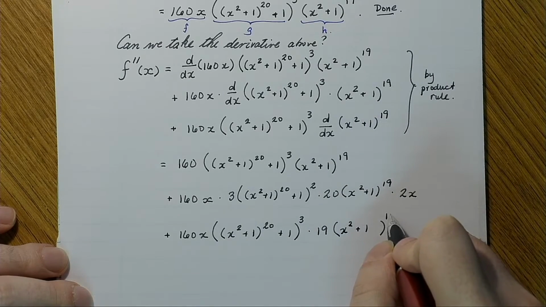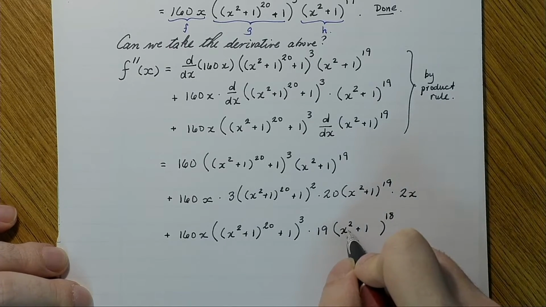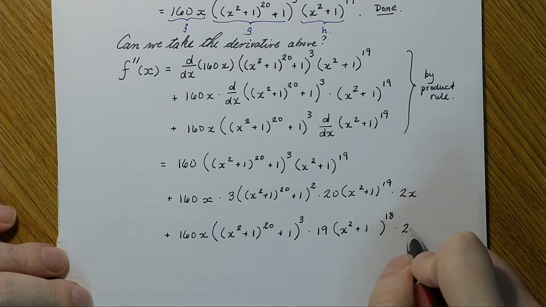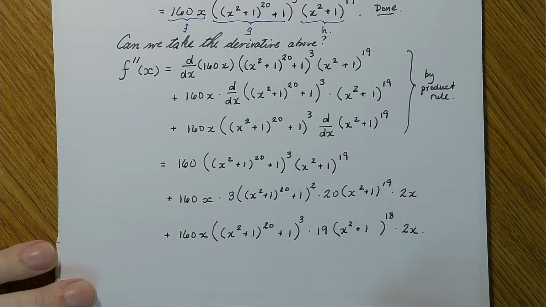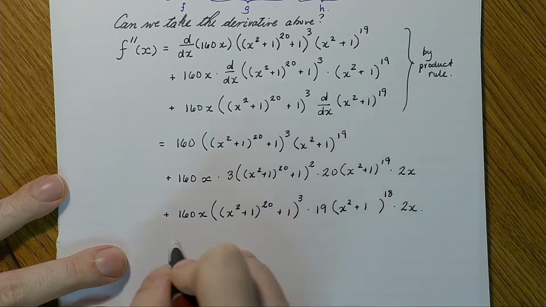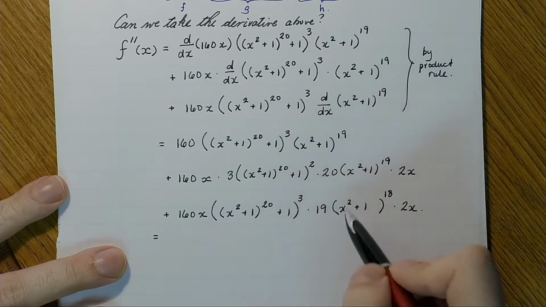This reduces by 1 from 19 down to 18. And I still have to take the derivative of the inside. So the derivative of the inside, x squared plus 1, is 2x.